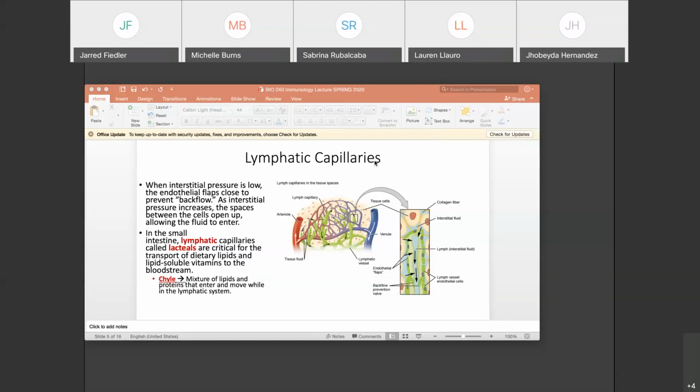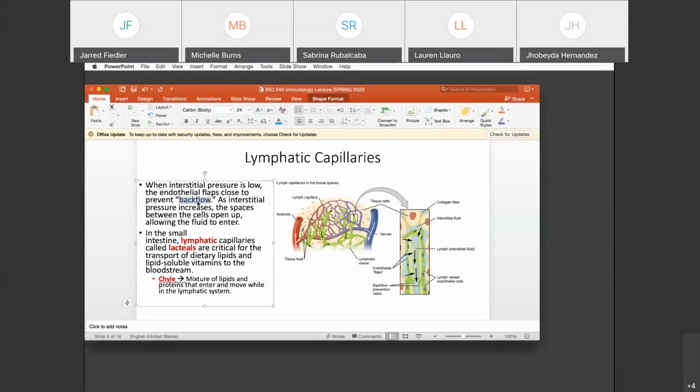And usually it's through various lymphatic ducts, such as the ones near your jugulars. And I'll show you about those in a moment. But as I told you guys the other day, there's backflow being prevented. And as the interstitial pressure increases, the spaces between the cells open up, allowing fluid to enter.